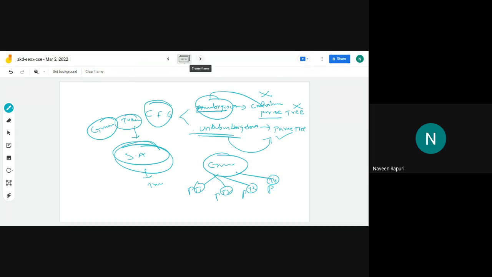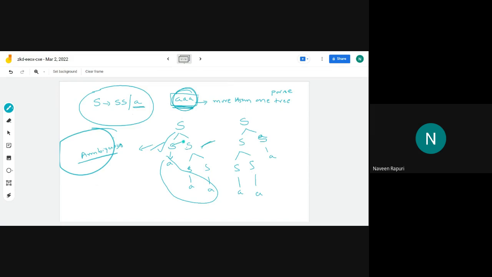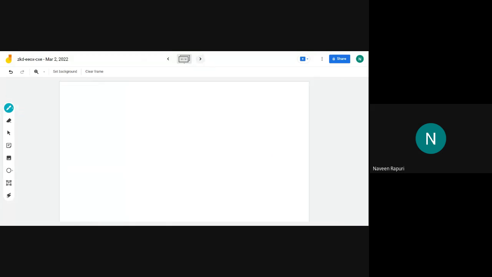When any grammar is producing more than one parse tree for at least one string, we call that grammar ambiguous grammar. So before constructing a parse tree, we need to check whether the grammar is ambiguous or not.